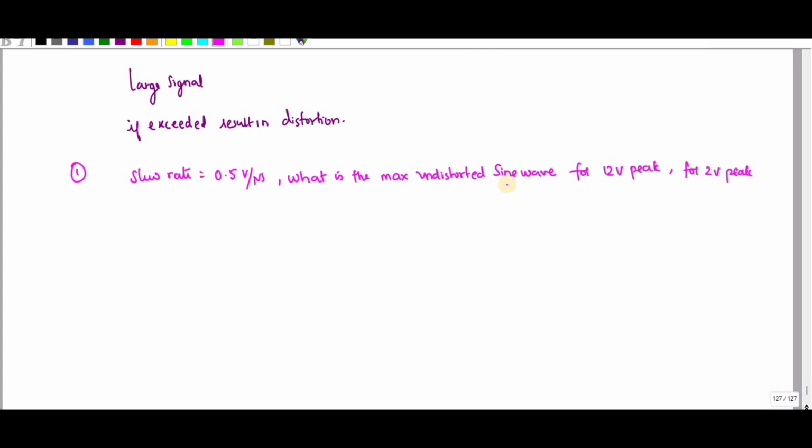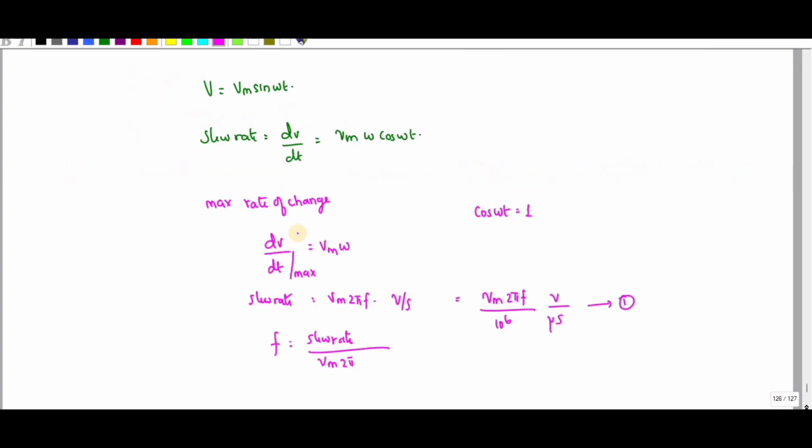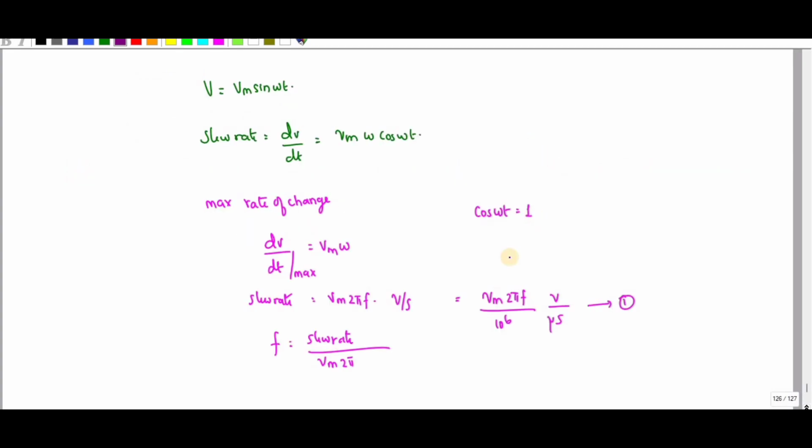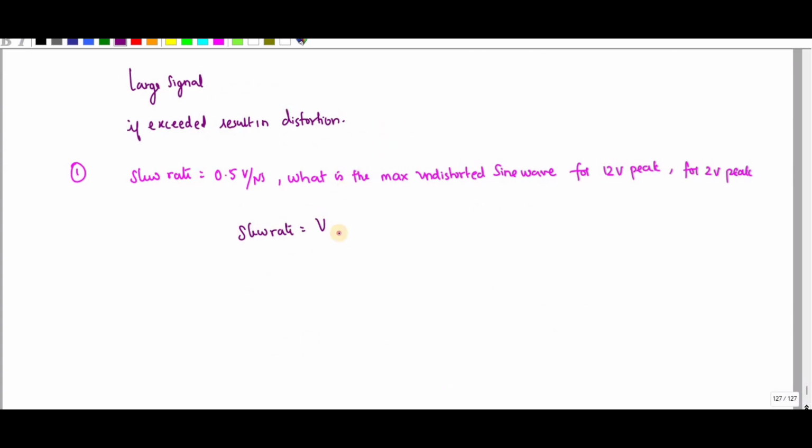We know the slew rate formula: slew rate is equal to Vm 2 pi F divided by 10 power 6.